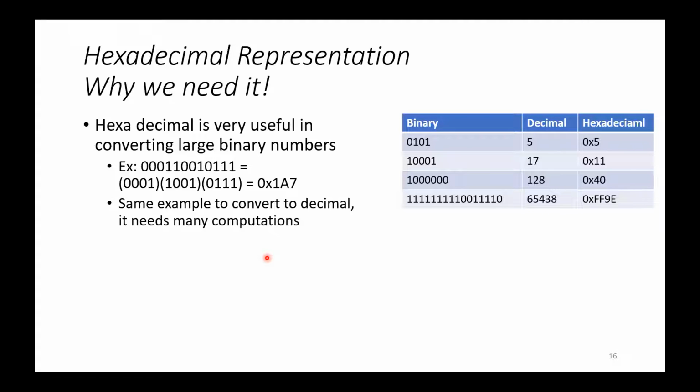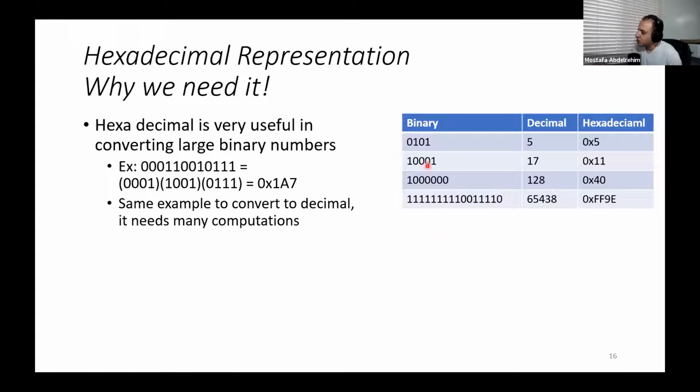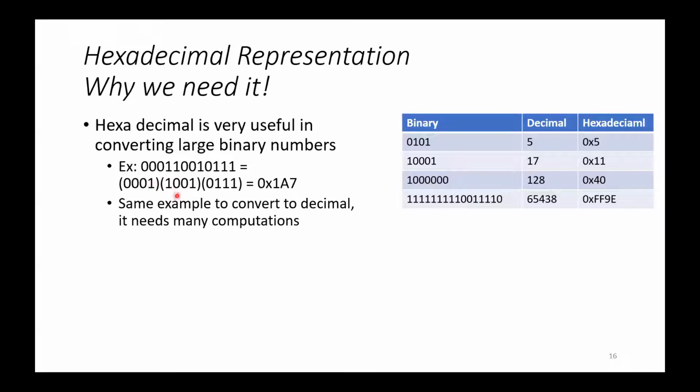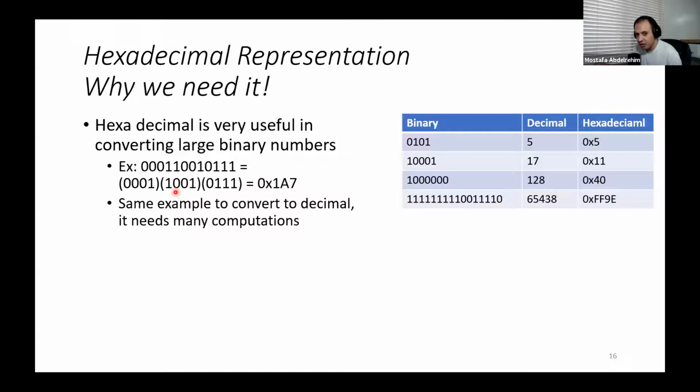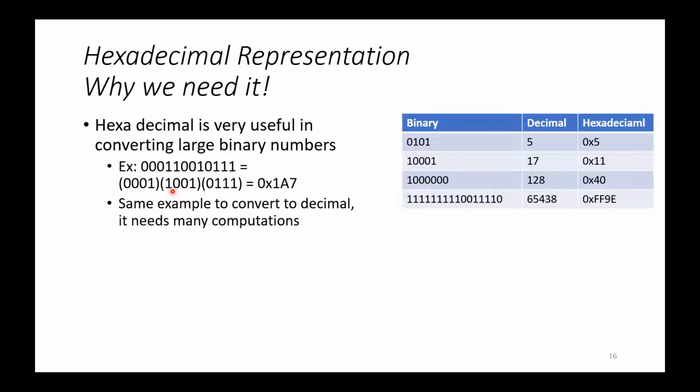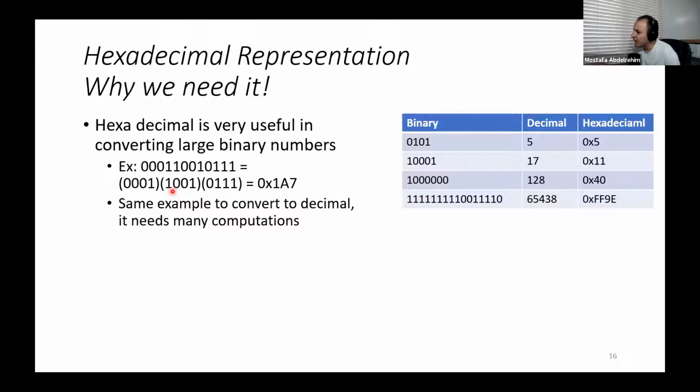Professor, I have a question. Yes. For the third 4 bits, you said it's 10. How is it 10? What? In the example one, where it says example. This one, right? Yeah. If you convert, that's 9? Oh, I'm sorry. Yeah, you are right. I'm very sorry for this.